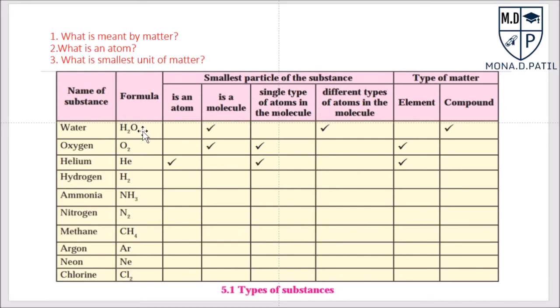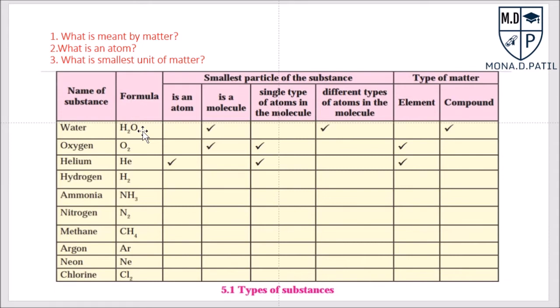H2O contains one oxygen atom and two hydrogen atoms. So here this is a molecule. When more than one atom is included in a substance, it is called a molecule. So it has a tick here in the column of molecule.